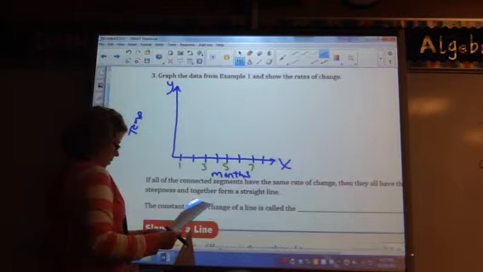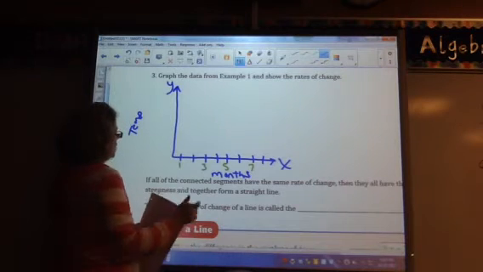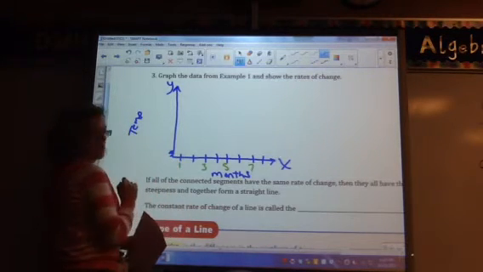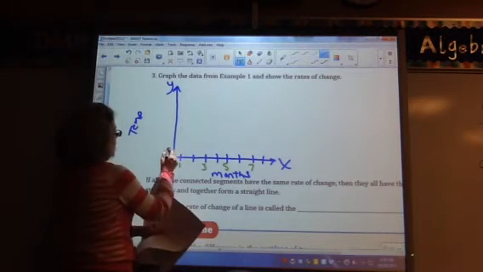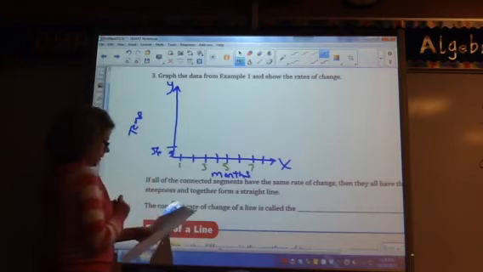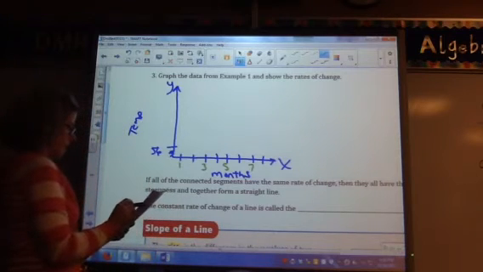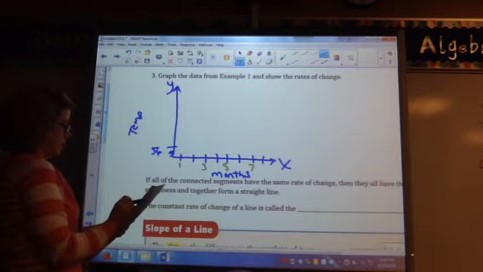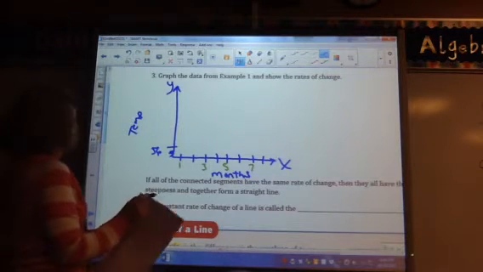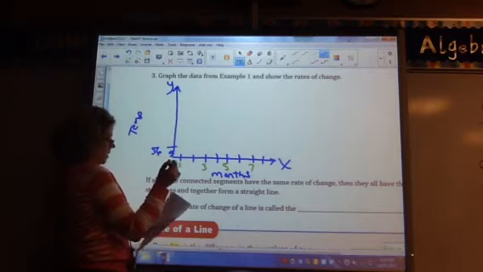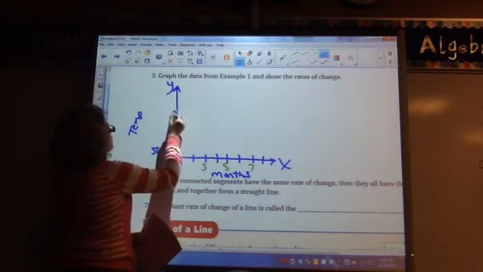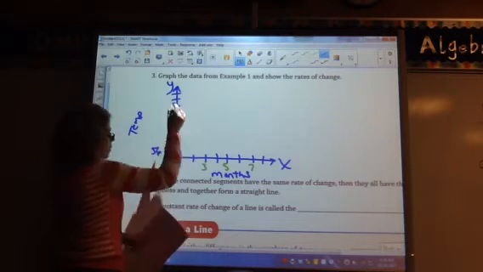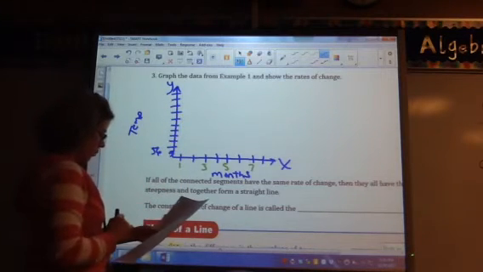And let's see, we need to go up from 56 to 72. So I'll put a little break symbol. That little squiggly line means a break symbol. And we'll start with 56. And I need to go up to 72.